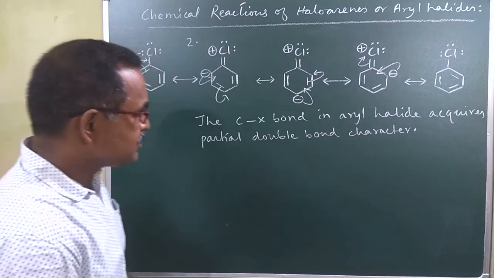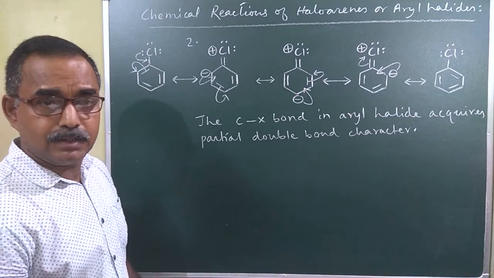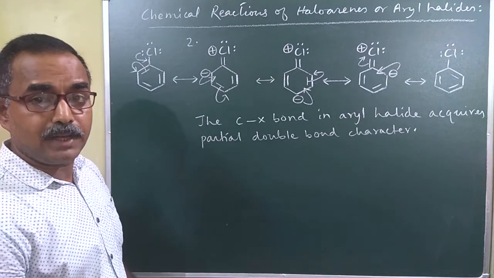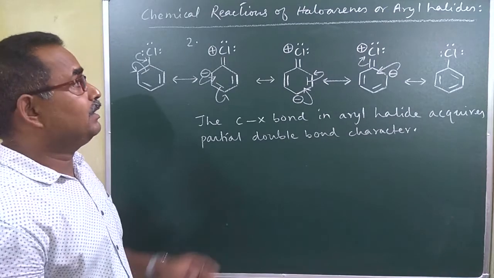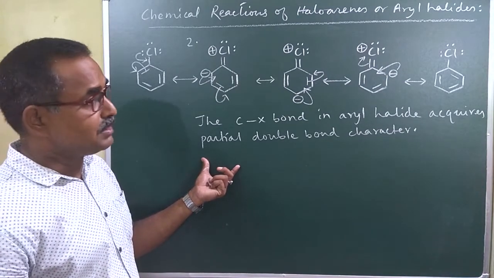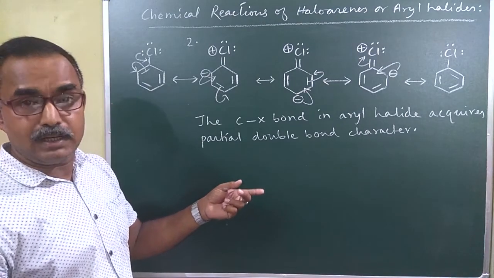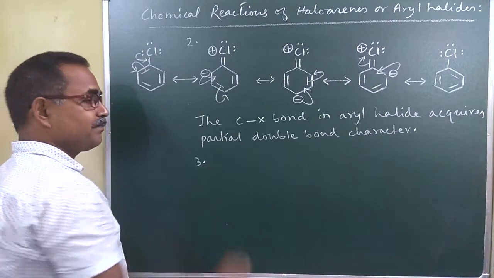Due to this partial double bond character, the bond becomes stronger and difficult to break. So this is one of the different reasons why aryl halides are less reactive towards nucleophilic substitution compared to alkyl halides. Then come to factor number 3.